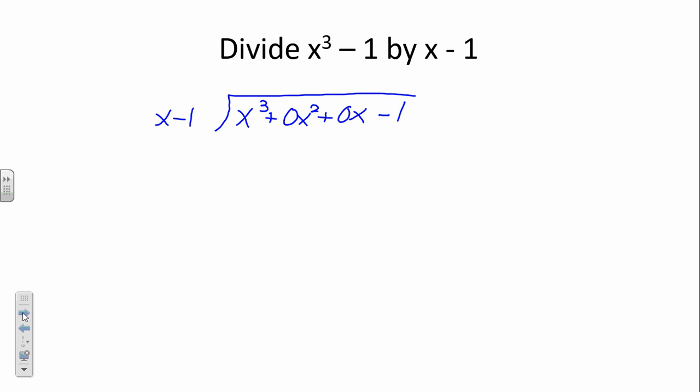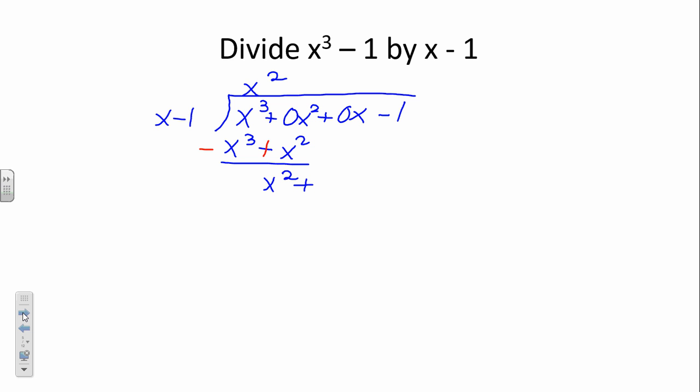So what do I have to multiply x by to get x cubed? X squared. So I will get an x cubed, but I'll get a negative x squared. I want to subtract, so I have to change the signs of both. Distribute that negative through to both, and I will get a positive x squared.